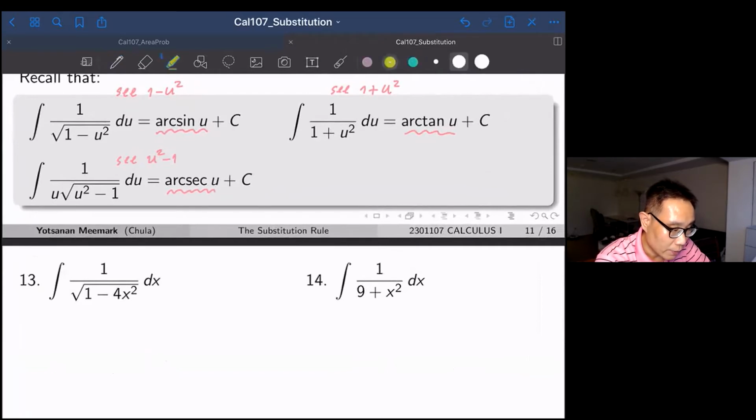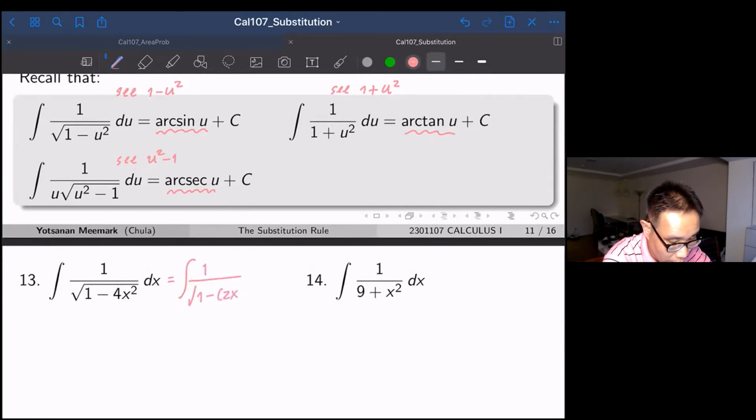So this can be written as integrate 1 over square root 1 minus 2x squared dx, where we write this term in the form of 2x squared, so 1 minus 2x, squared.